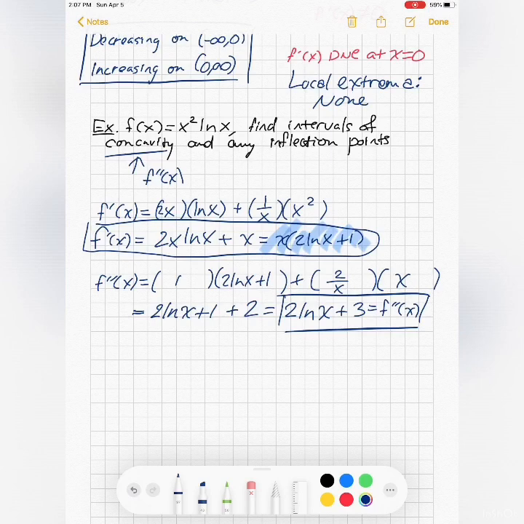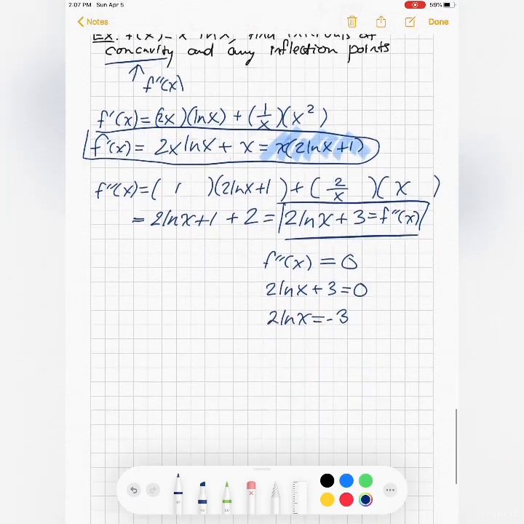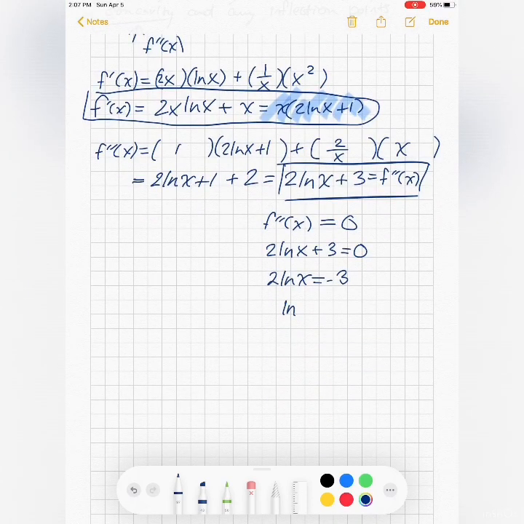Okay, so then as far as intervals of concavity or potential inflection points, I have to look at setting that second derivative equal to 0. Remember, ln of x is log base e of x, right?